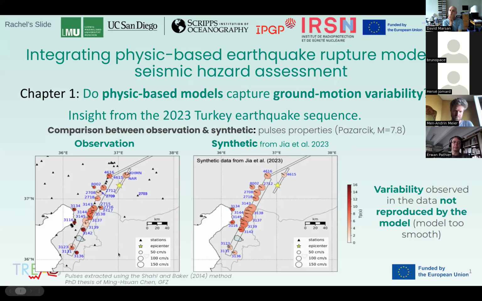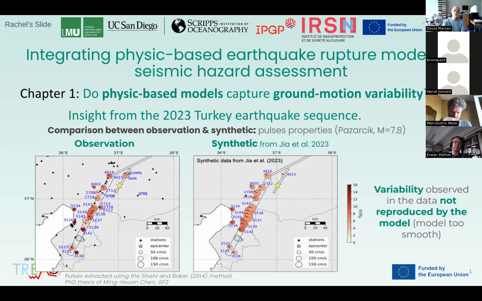In these plots, it's data on each station, the numbers are the station numbers. The size of the circle represents the amplitude of the pulse, so sort of the pulse PGV. The colors correspond to the period of the pulse, and the lines within the circles are showing the orientation of that pulse.